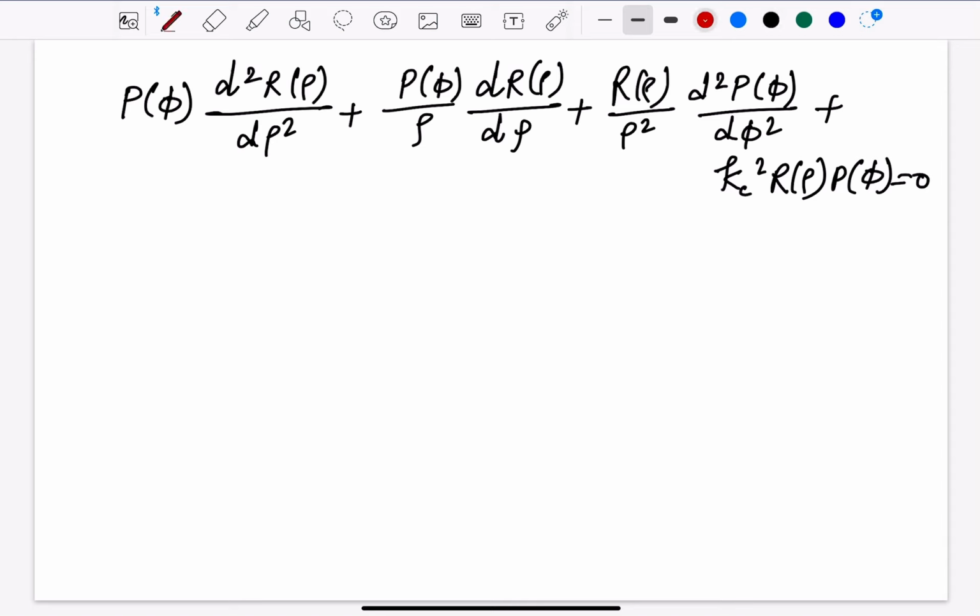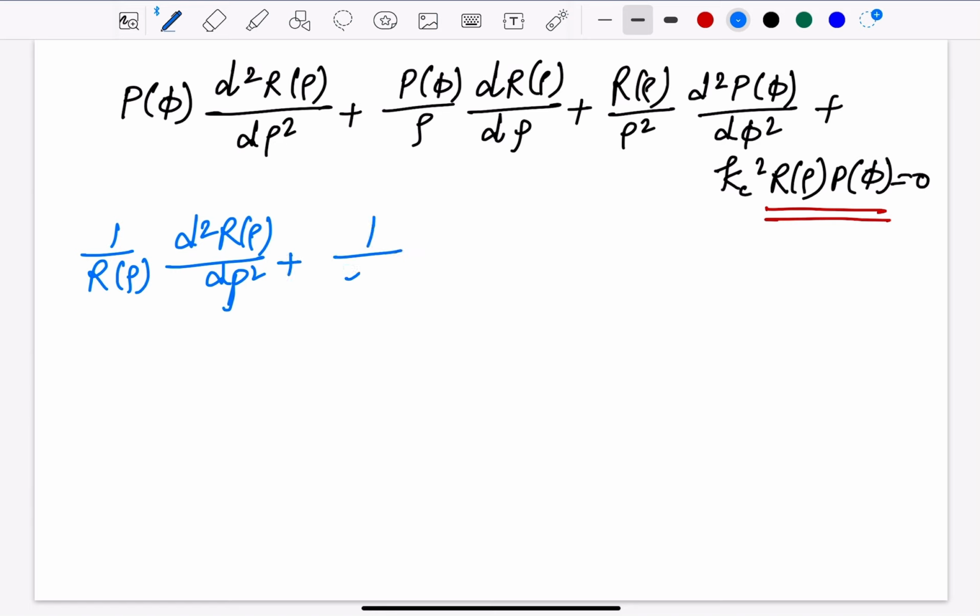Now what we can do, you see here this term is coming here, so we can divide the whole equation by R into P. So the moment you divide this equation by R into P, it will look like 1 upon R of rho, d square R of rho over d rho square, plus 1 upon rho R of rho, dR of rho over d rho.